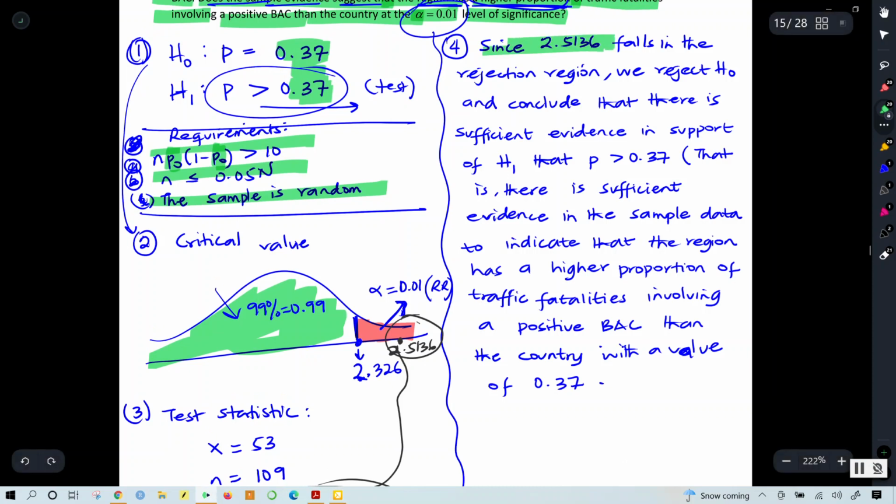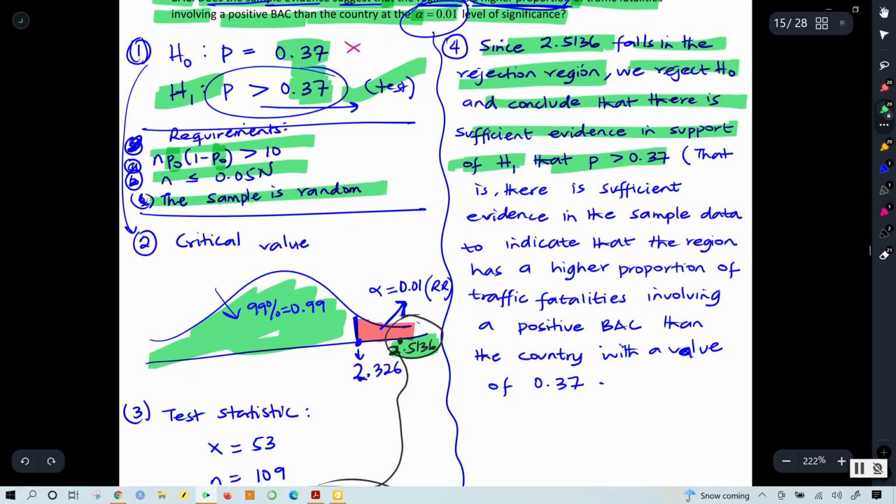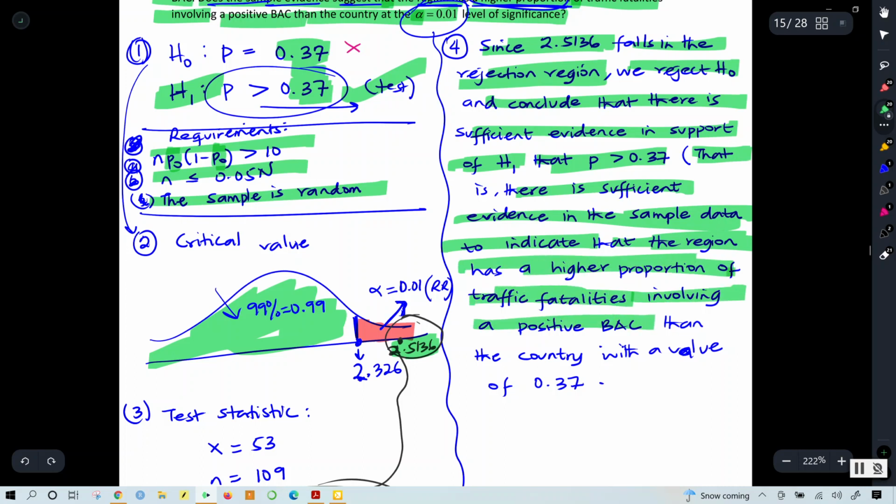So since 2.5136 falls in the rejection region, this would cause us to reject the null hypothesis and conclude that we have enough evidence in support of the alternative, which claims that the proportion is actually greater than 0.37. And that means that there is sufficient evidence in the sample data to indicate that this region has a higher proportion of traffic fatalities involving a positive BAC than the country, with a value of 0.37.